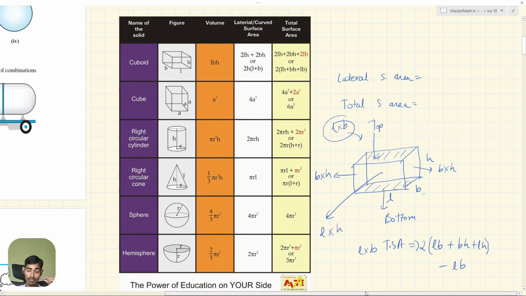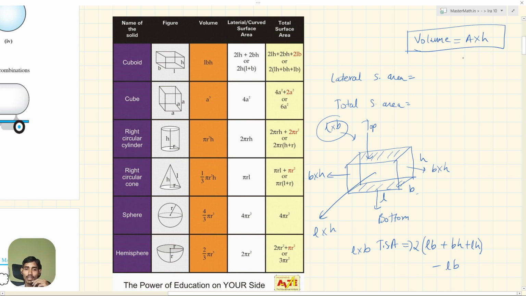Now let's come to the volume of this. So how do we find the volume? Volume is basically very important formula, basic but very important. Area into height. So now if I have this A4 sheet, so this would be maybe L, this is B, and you keep sheets on this, paper sheets on this.